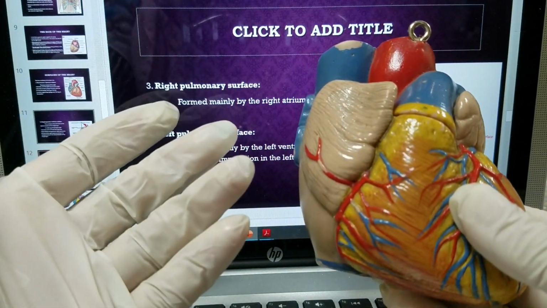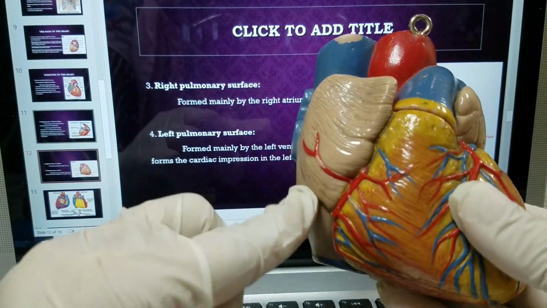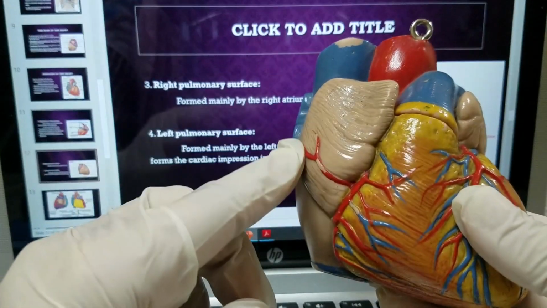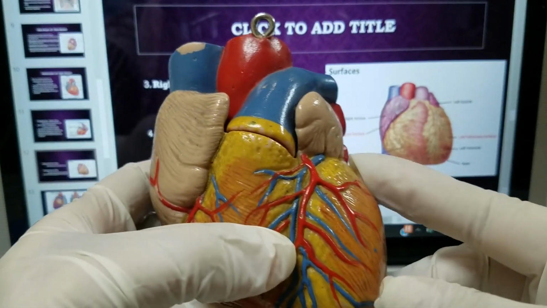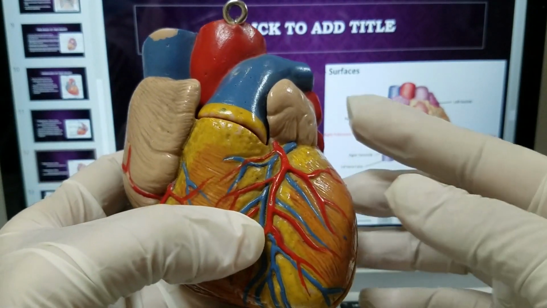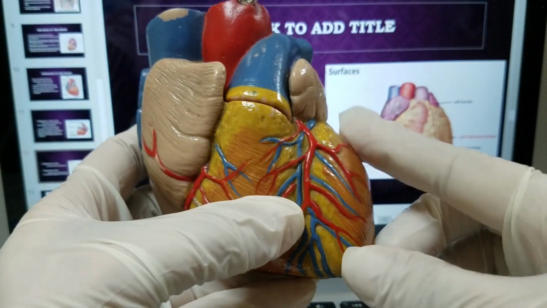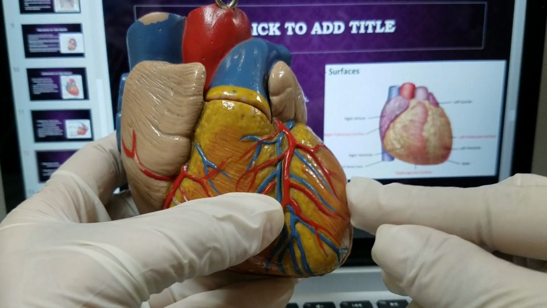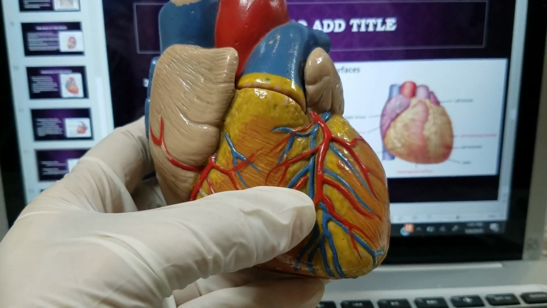Why is this called the pulmonary surface? Because the lungs are present here. The right pulmonary surface is formed by the right atrium, and the left pulmonary surface is formed mainly by the left ventricle and a little part of the left atrium. This part also gives the cardiac impression on the left lung.